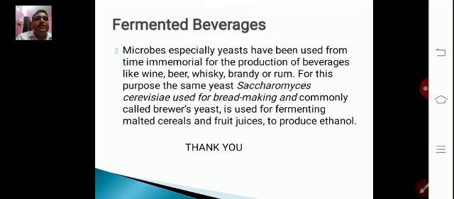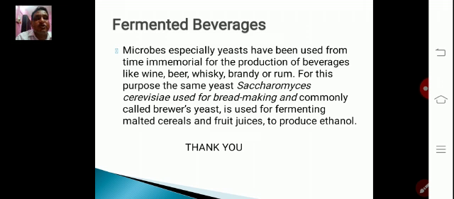These fermented beverages are made with the help of Saccharomyces cerevisiae, also called brewer's yeast.